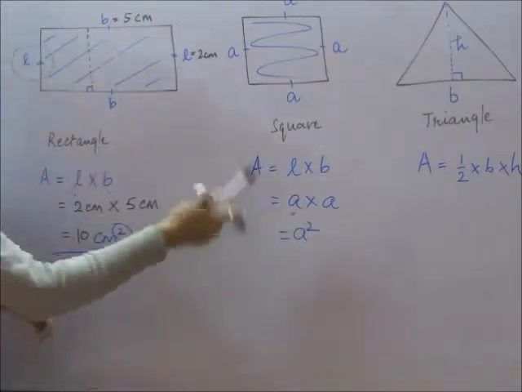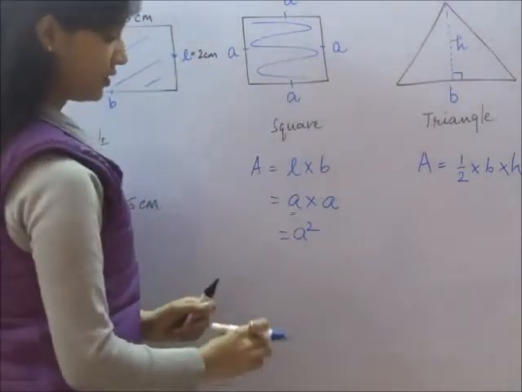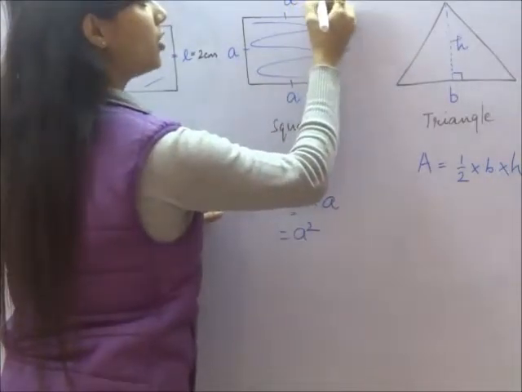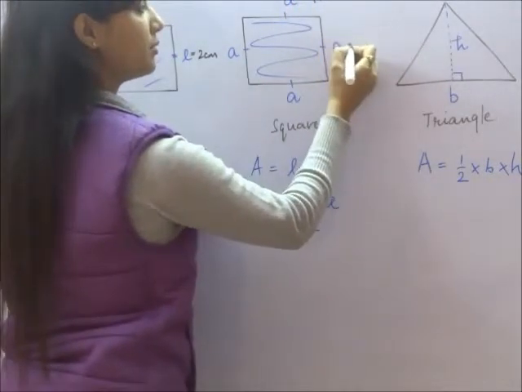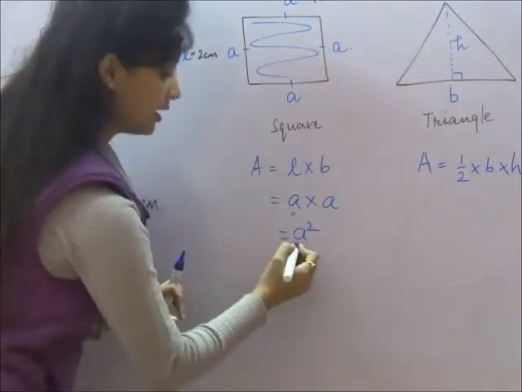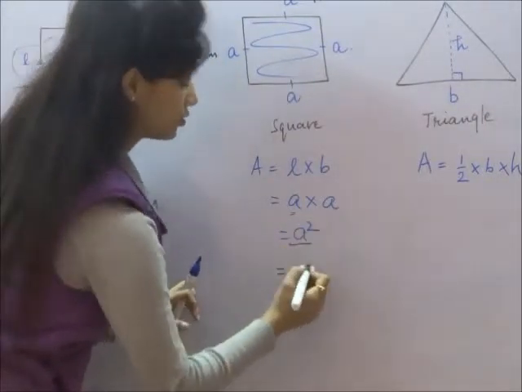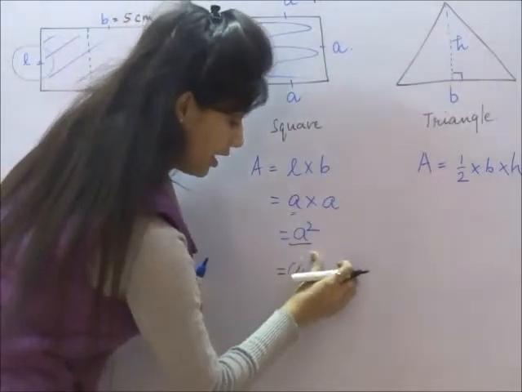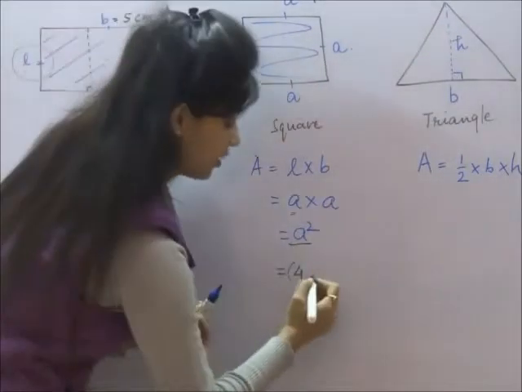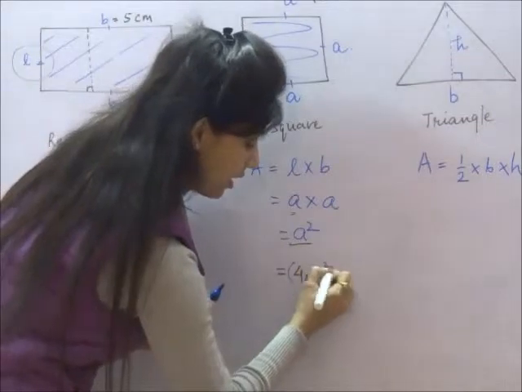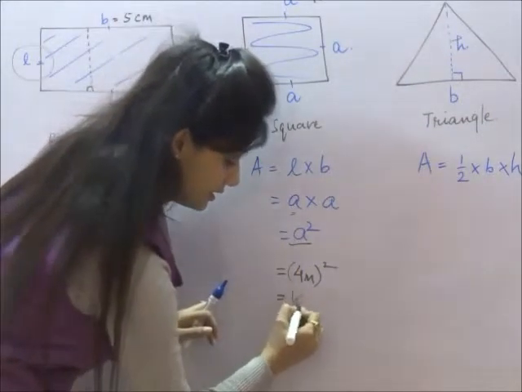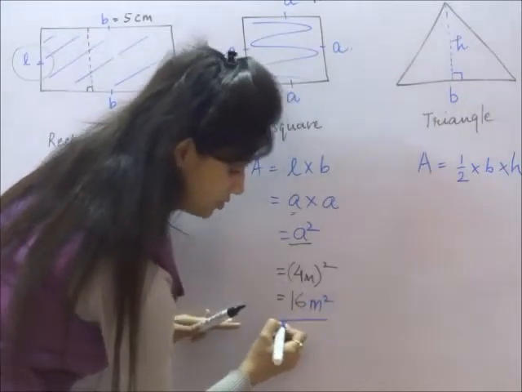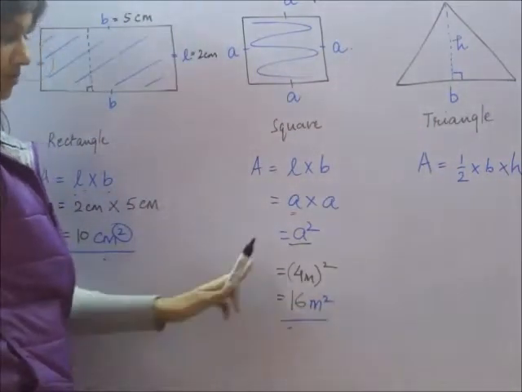Now moving on to this figure. Say for example, if A was 4 meters, so this also becomes 4 meters each. A square is the area, so 4 meters square, which will be 16, and also meter square unit.